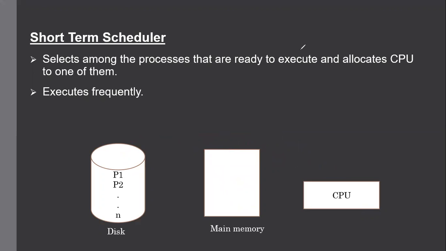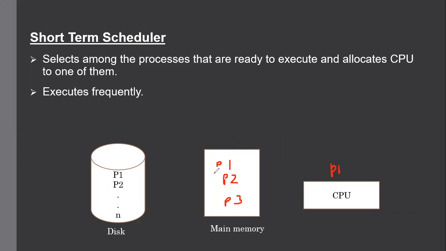And this short term scheduler also has to be fast. Suppose you have these processes P1, P2 and P3, and P1 is allocated CPU. After executing for some time, P1 is waiting for some other event, so the next process will be picked.